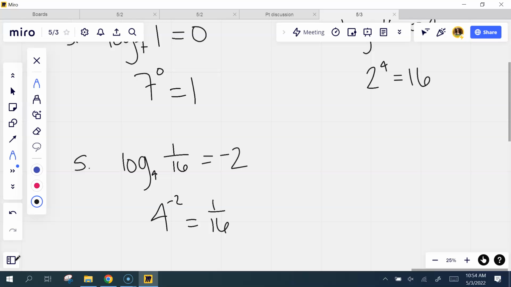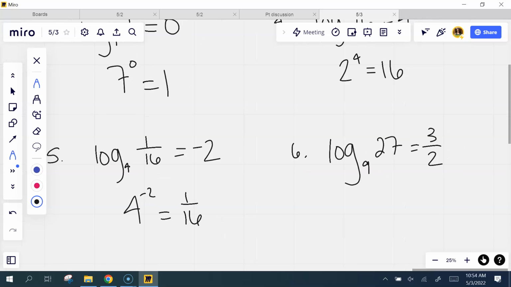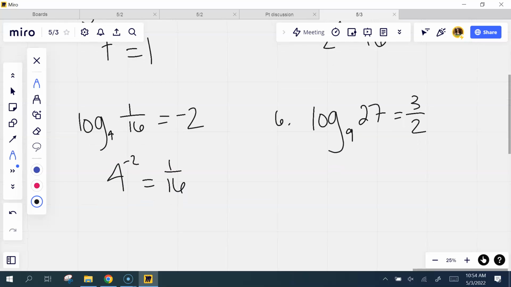So some stuff starts coming back that we've already done, right? Anything to a negative exponent flips over. Let's look at this one. Log base 9 of 27 equals 3 over 2. What's the exponential form of that? 9 to the 3 over 2 equals 27. You're exactly right.